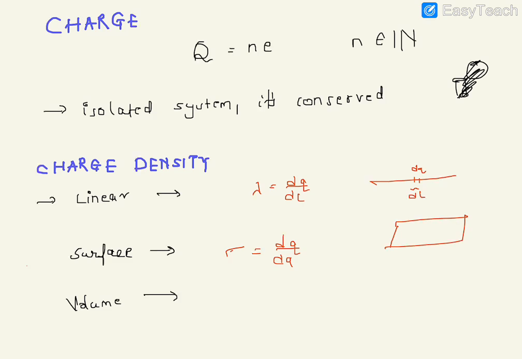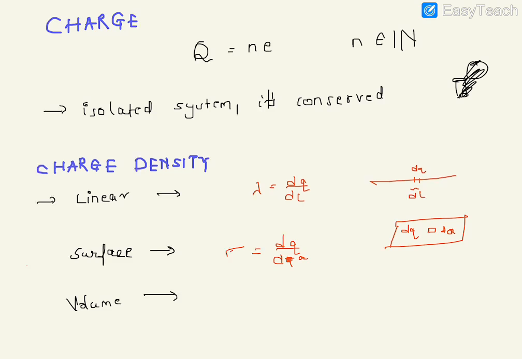Over here we have a 2D structure where we have this small element dA, and the charge element is dq. It means that in that particular dA element we have some dq charge.